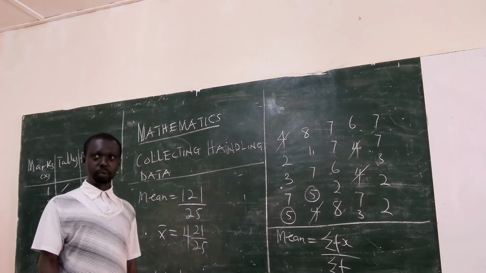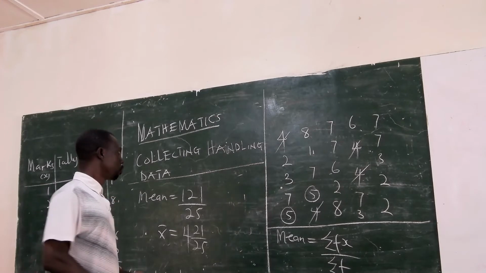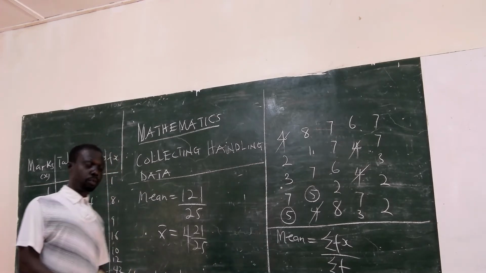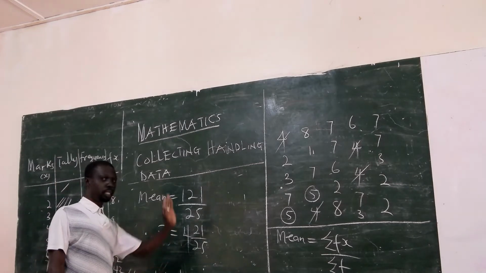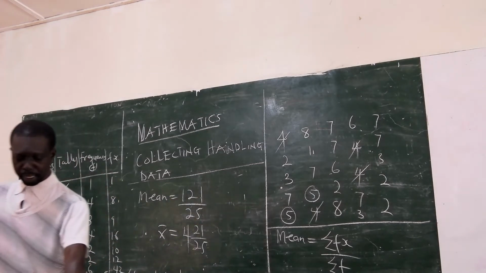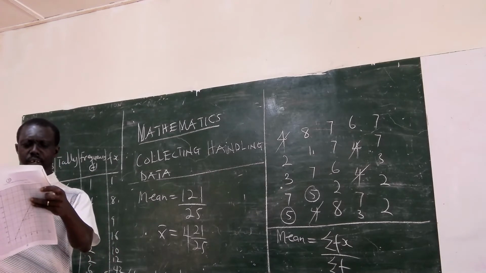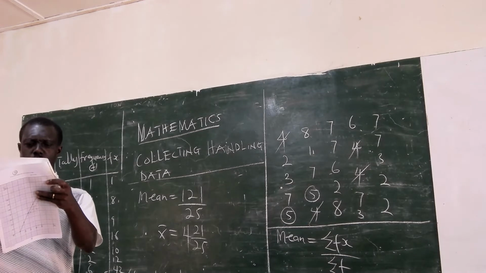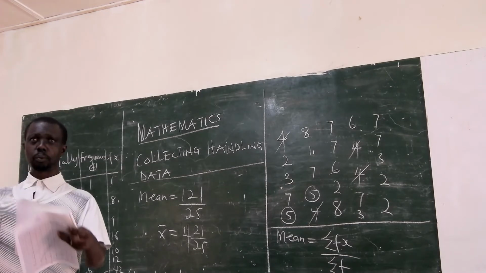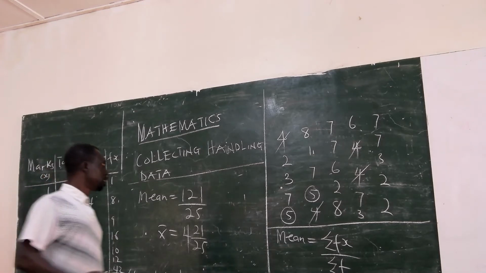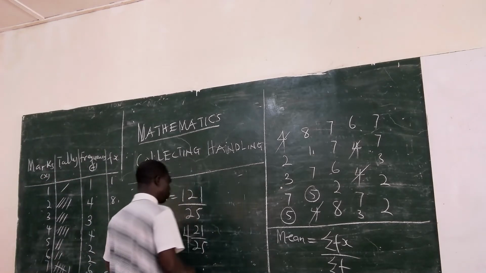So let's do the long division table and check, so we get the same answer. The West African Examination Council will accept either method. According to the marking scheme, the final answer is 4 and 21 over 25. Or let's use the long division table to find the answer.